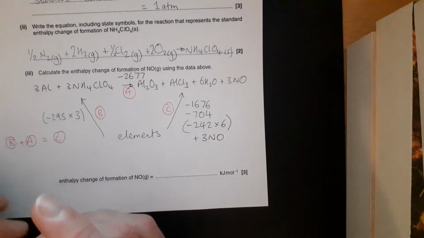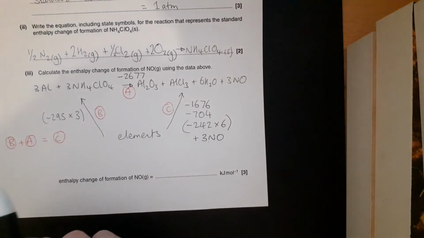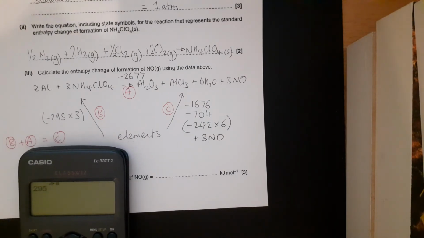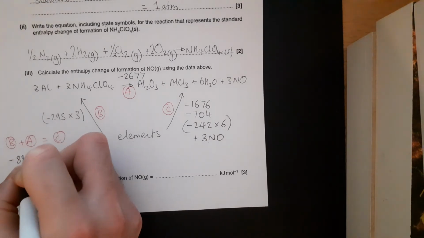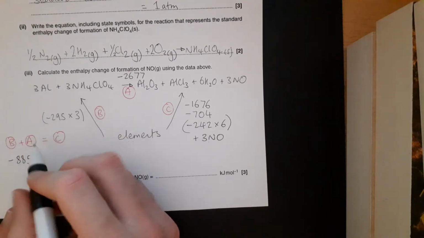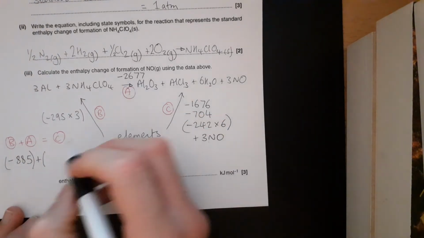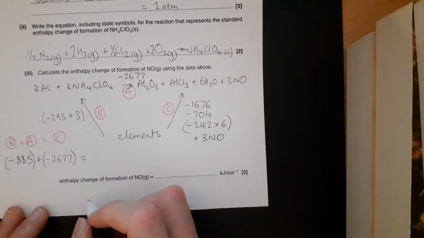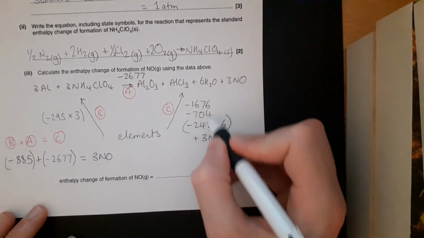So let's put our numbers in here. Let's work out 3 lots of minus 295, times 3. So that's going to be minus 885, plus, let's put these numbers in brackets, plus A, so plus minus 2677, is going to be equal to C, which is 3NO, and then all of this lot.